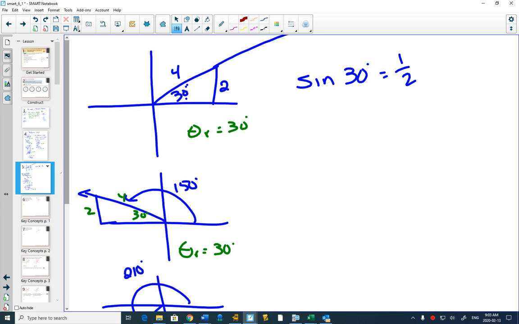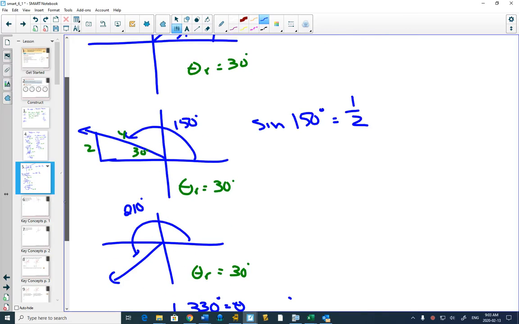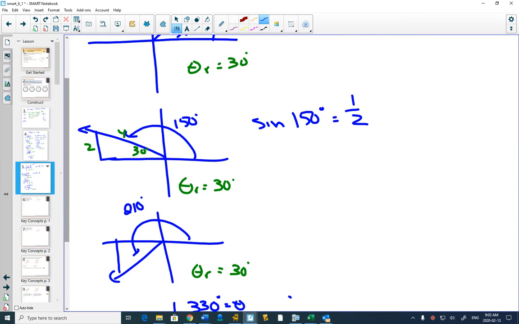And so in trigonometry, when we go beyond 30 degrees, we say, well, sine of 150 degrees is also 1/2, because if we look at the triangle that's made with the reference angle, it's the same triangle. That's the reason that sine of 30 and sine of 150 are the same. And then when you went to sine of 210, it makes the same triangle again.